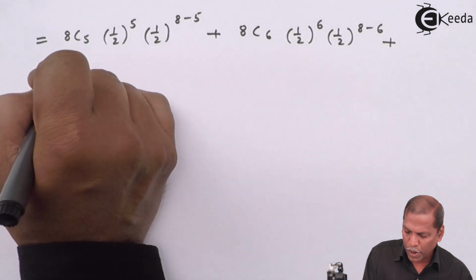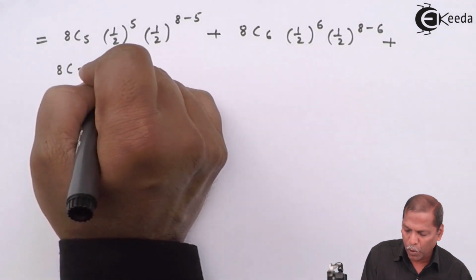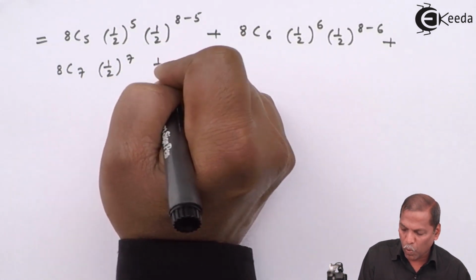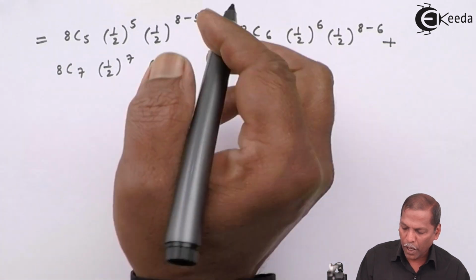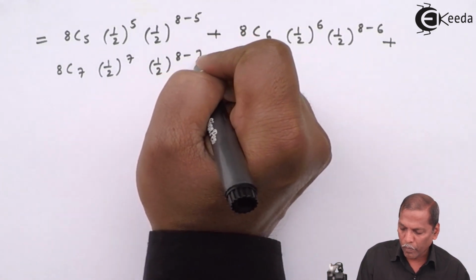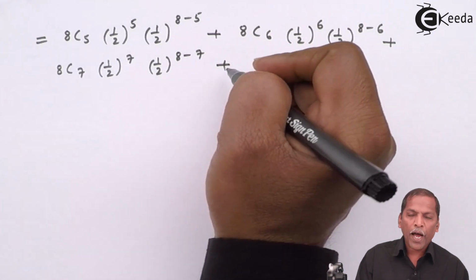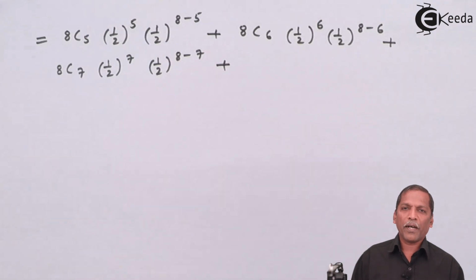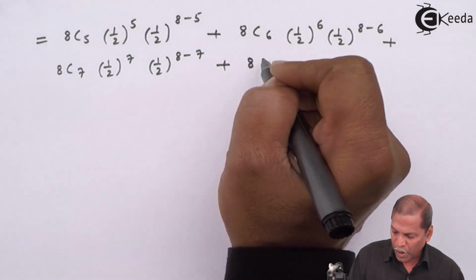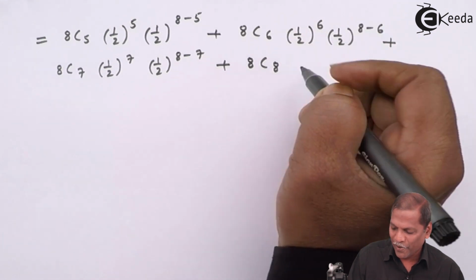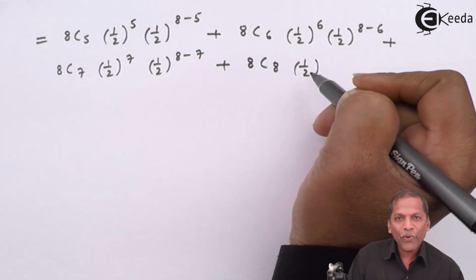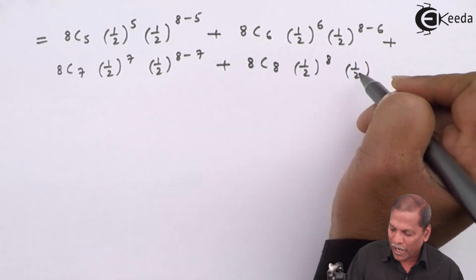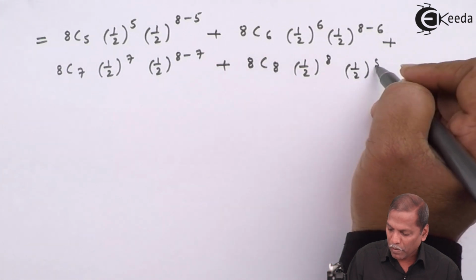So that gives us 8C7 (1/2)^7 (1/2)^(8-7), plus, and finally we go for probability x equal to 8. That is 8C8 (1/2)^8 (1/2)^(8-8).